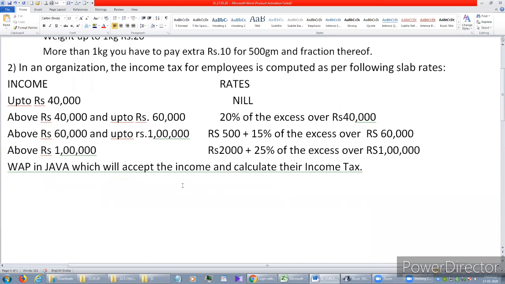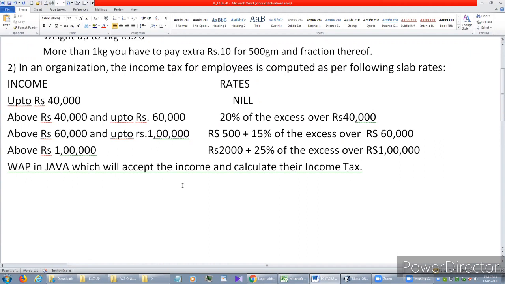In an organization, the income tax of an employee. Sir, what is the meaning of slab rates?